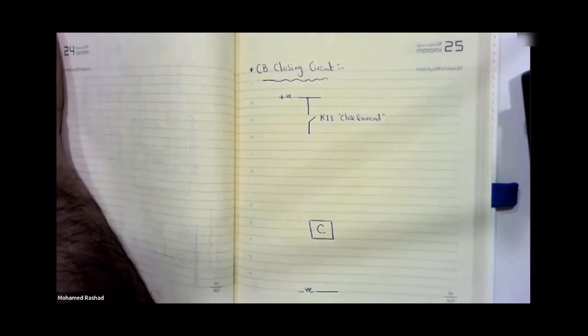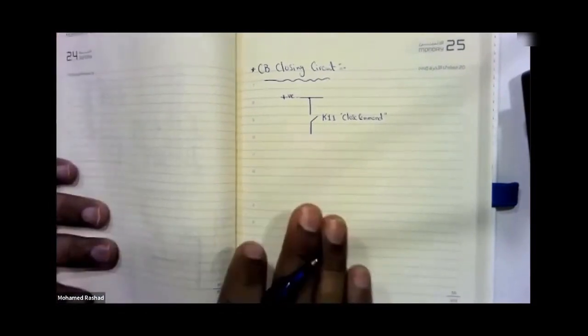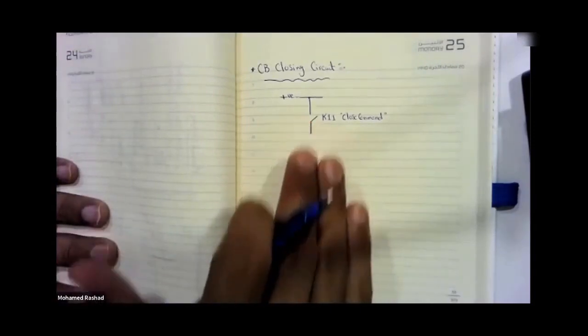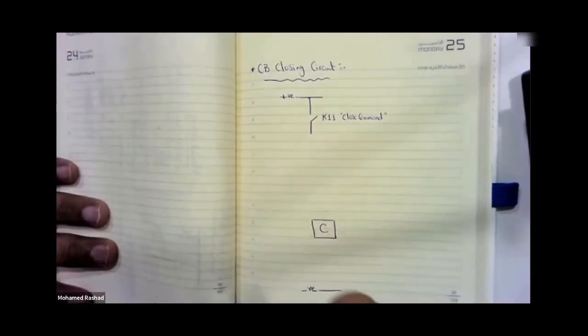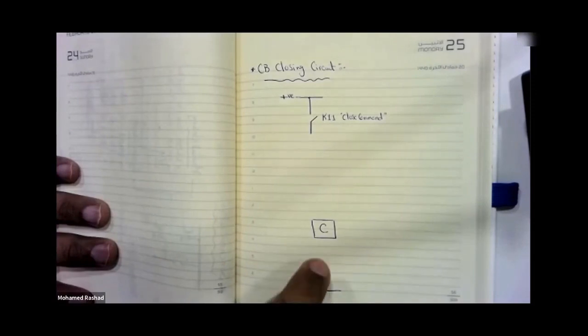Now, it tells you that if you come to give a close command and the breaker is actually open, that's good. If the breaker is open and you give a close command, that's good.